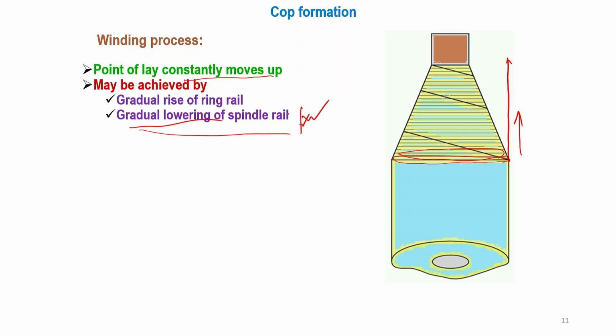So, moving the spindle rail up and down is not done. Gradual rise or lowering of the ring rail is done.